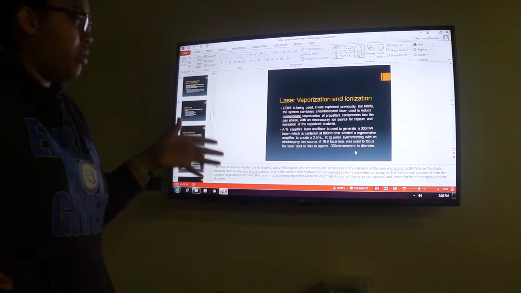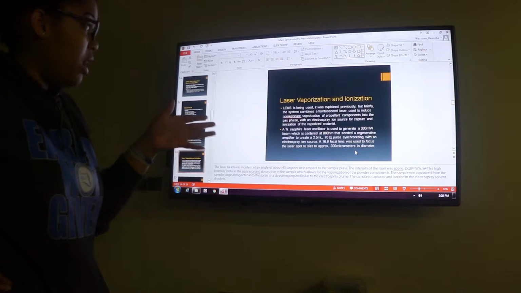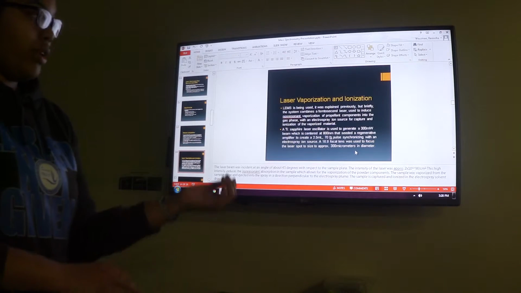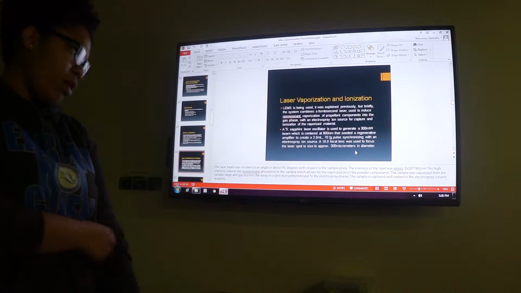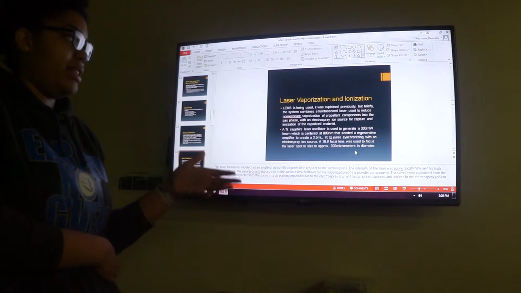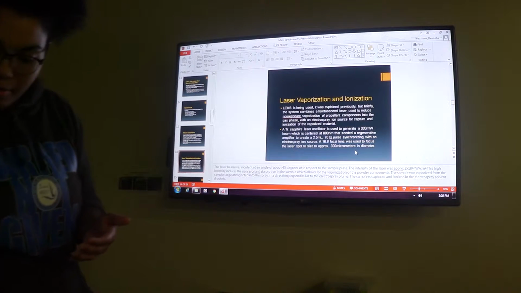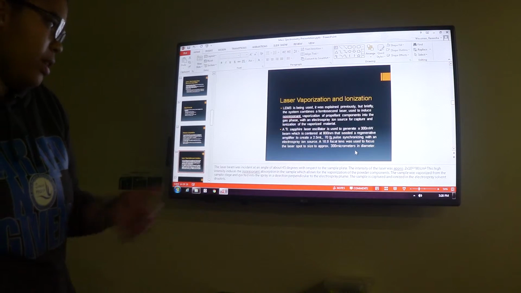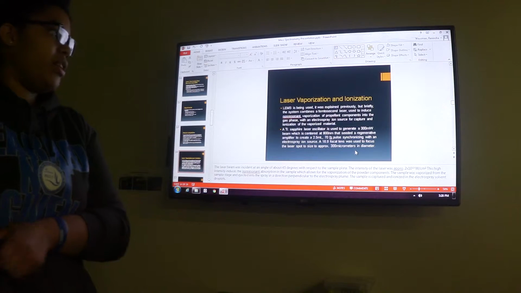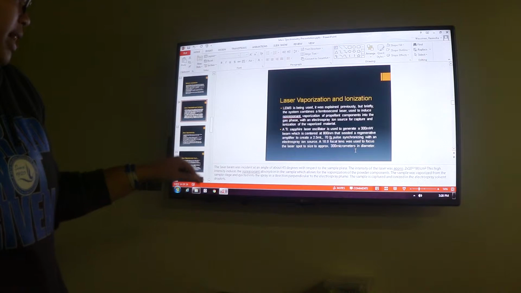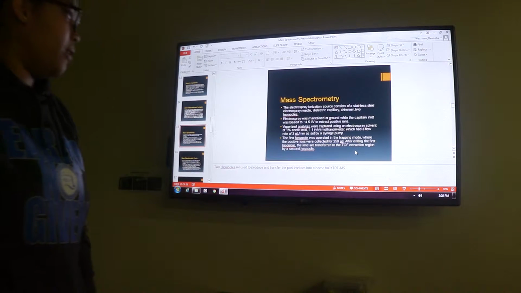Below is what they use to generate this laser. It's a titanium sapphire laser oscillator, which generated a 300 milliwatt beam centered at 800 nanometers that seeded the regenerative amplifier to create the 2.5 millijoule, 70 femtosecond pulse, synchronizing with the ESI source. Won't go too far into depth because of time, but I'll send you this.